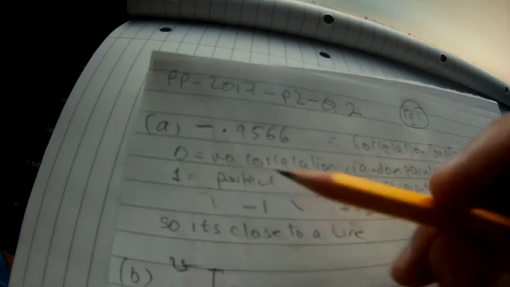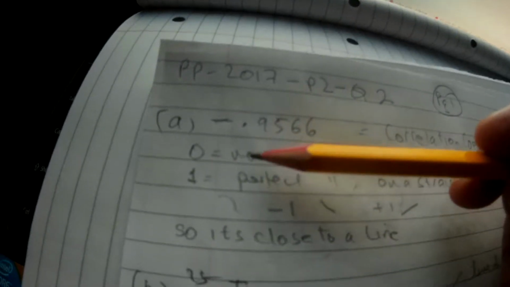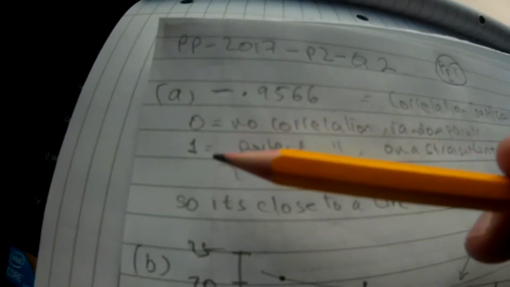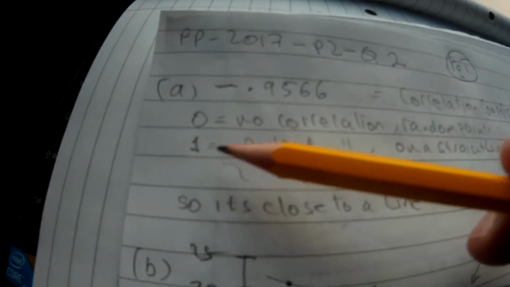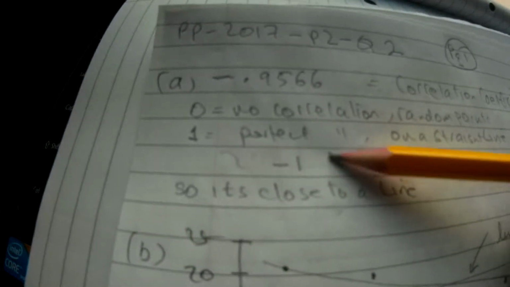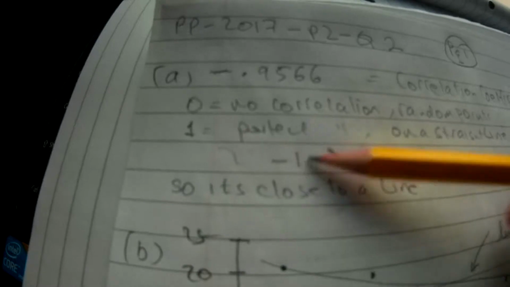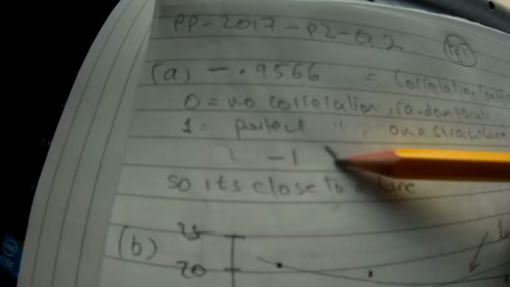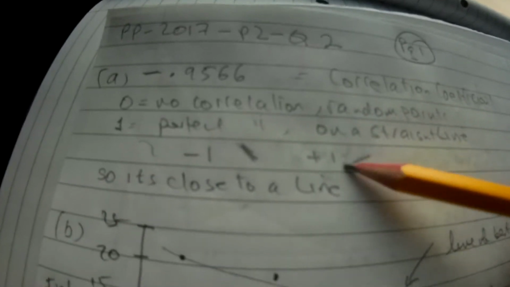So if you had got a correlation coefficient of 0, you've got random points, completely random. If you had gotten a correlation coefficient of 1, it's a perfect line. It can be going this way, or with a negative slope, so minus 1, they're perfectly lined going this way.